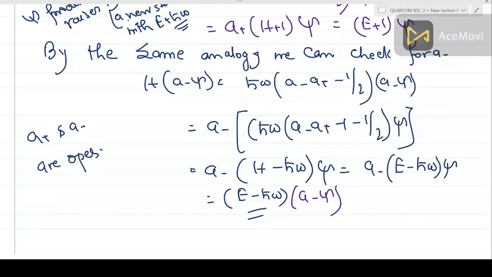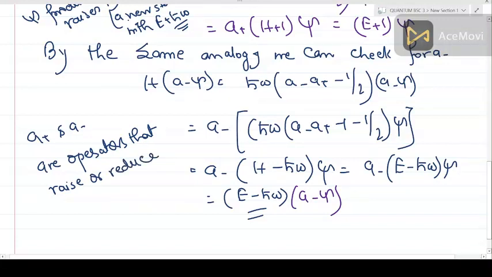So a plus and a minus are operators that raise or reduce, or in most of the textbooks the term used is lower, the state energy.